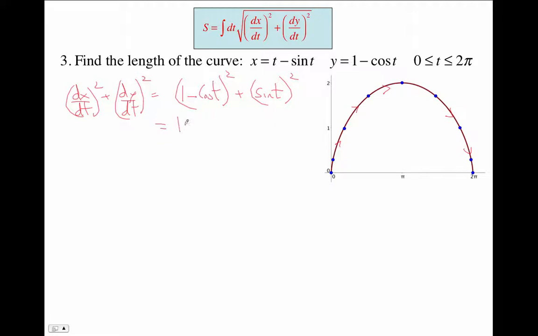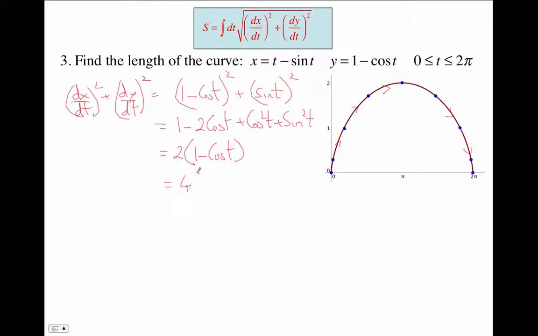Let's just open this out. So this is 1 minus 2 cosine t plus cos squared t plus sine squared t. But cos squared t plus sine squared t is 1. So therefore this is 2 into 1 minus cosine of t. On the other hand, I can write 1 minus cosine of t as 2 sine squared t by 2.